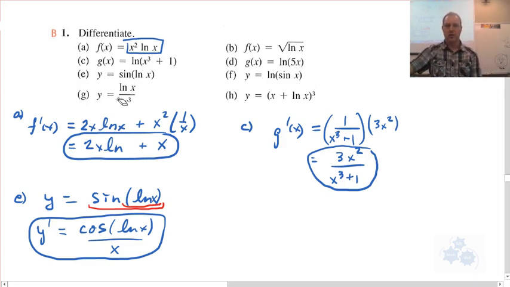So the derivative of the first is 2x times ln x, plus the first times the derivative of the second. Well, we just learned that the derivative of ln of x is 1 over x. When you multiply this together to simplify, you get plain old x, and you can't simplify this any. I think I accidentally erased this x here. So 2x ln x plus x. You could factor an x out if you really wanted to, but you don't have to. Okay? That's for A.